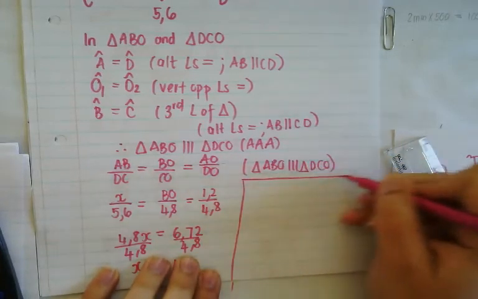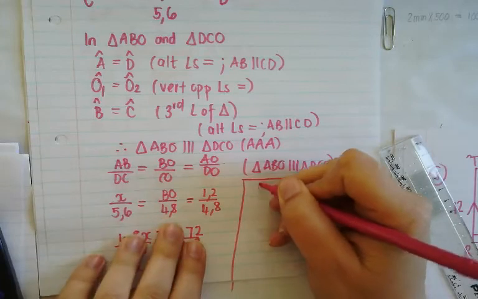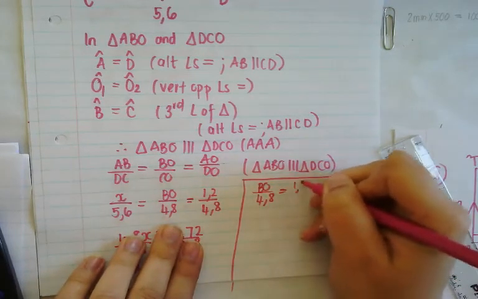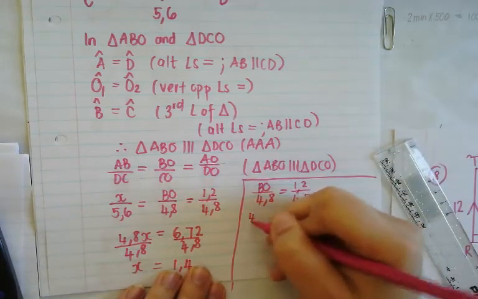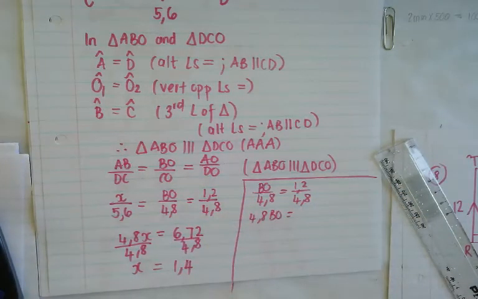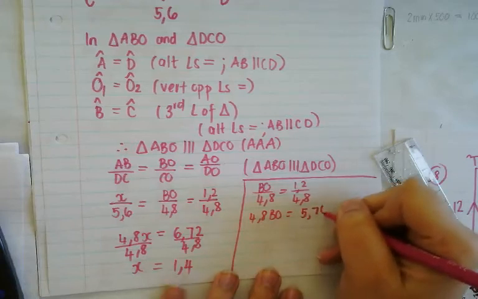Sorry, I just want to get on the same page. So I'm going to go with BO over 48 is equal to 12 over 48. 48 BO is equal to 576.